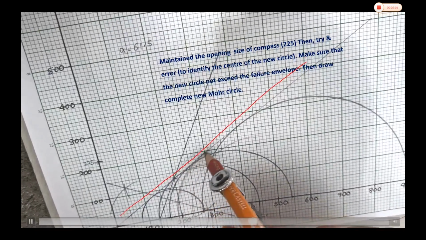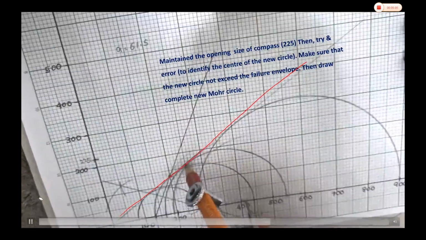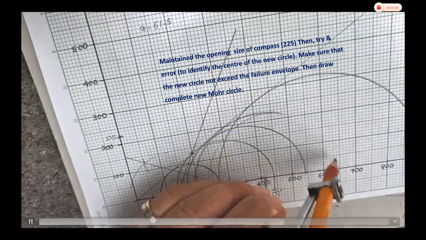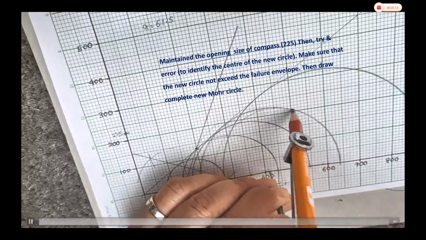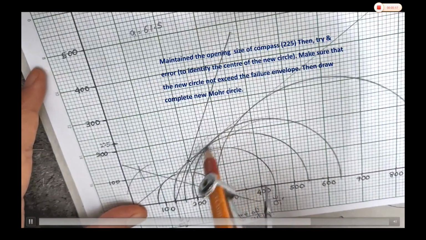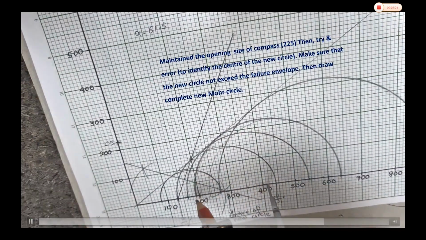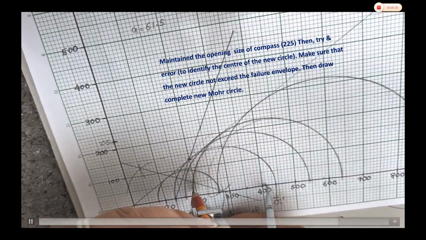It must just be tangent to the line. After a few trials, finally you will have one new Mohr circle that is just tangent to the failure envelope. It cannot exceed and it cannot be below the failure envelope. It just touches the failure envelope.